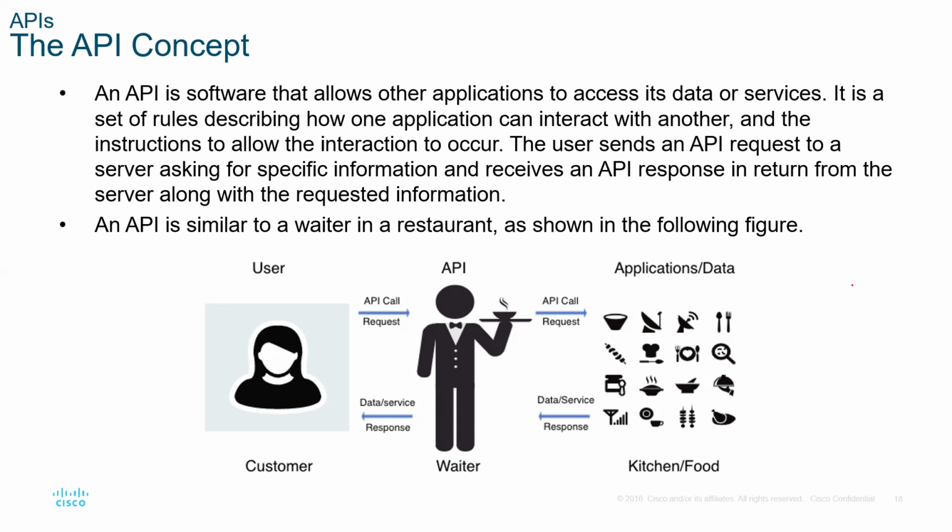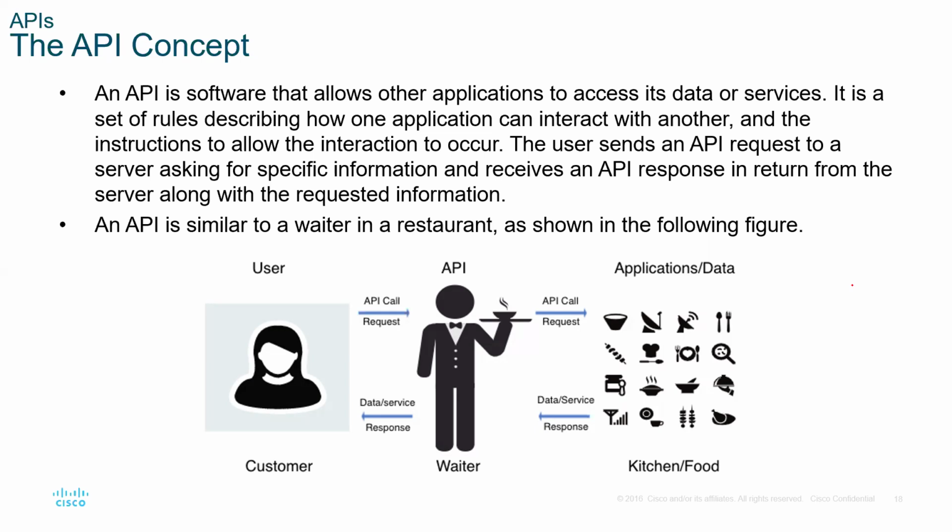So a client sends a request to the API, which is the interface. The API receives that request, processes it, and sends back a response to the client. So the response in this case will be in the data format, those three data formats. It will either be in JSON, XML, or YAML.